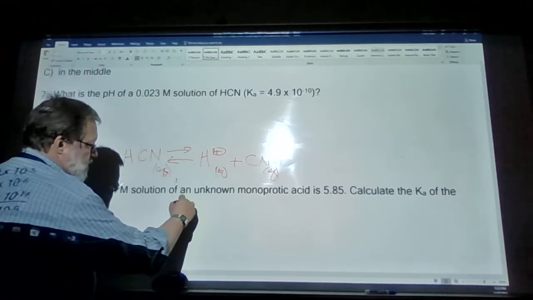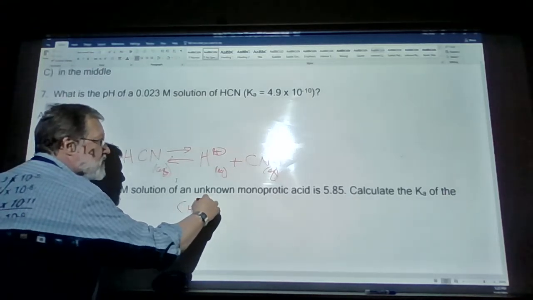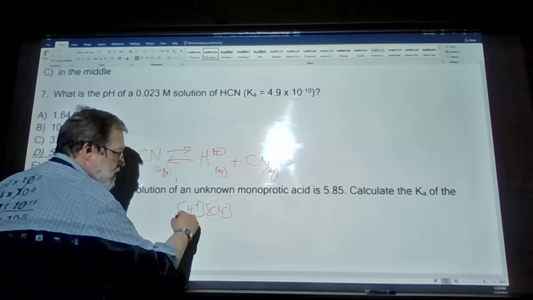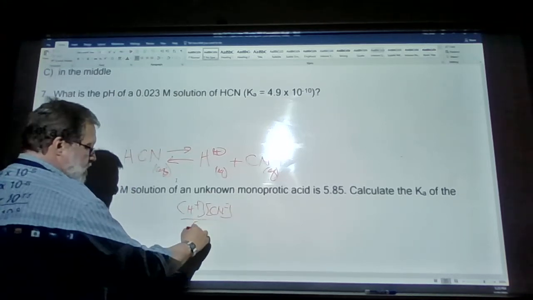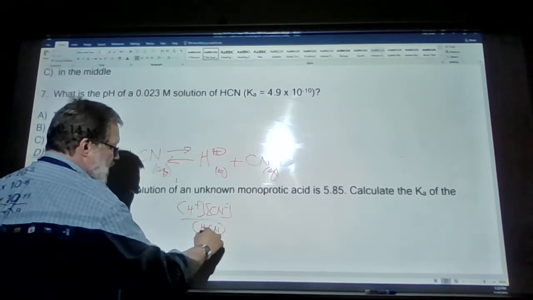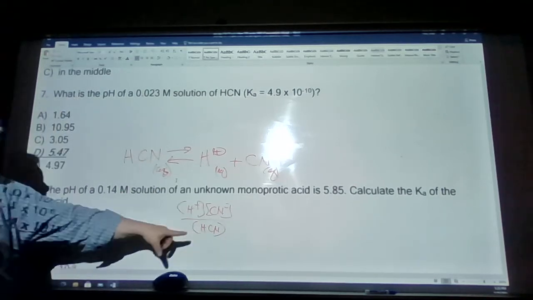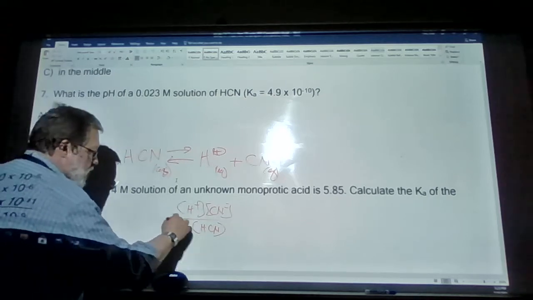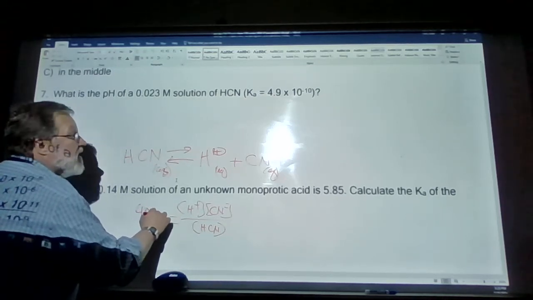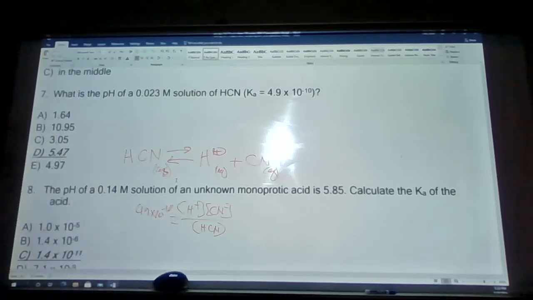Equilibrium expression: H plus concentration times CN minus concentration, over the concentration of HCN at equilibrium. Well, at equilibrium, this value numerically is equal to 4.9 times 10 to the minus 10.